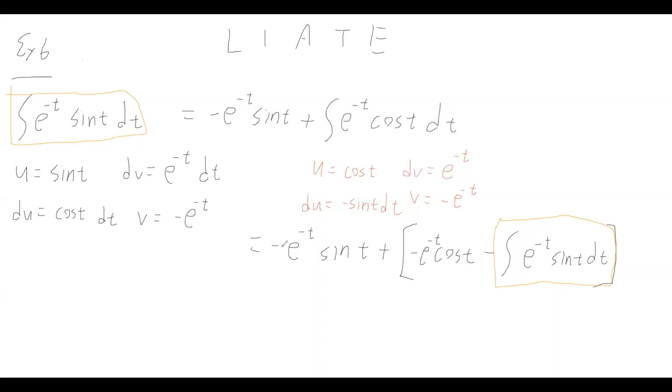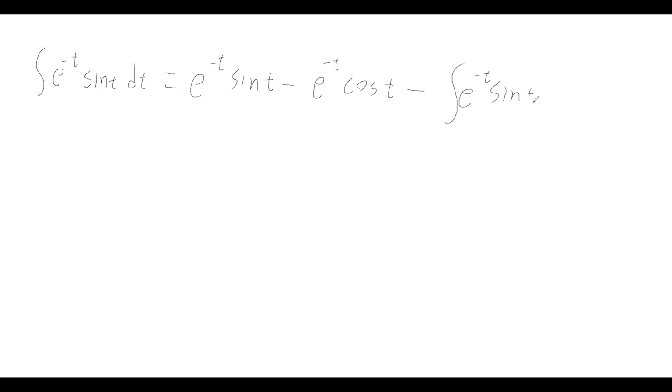All right, let me rewrite the whole thing on the next page. So we started with the integral of e to the negative t sine t dt. And then our last part looks like this, right? E to the negative t sine t minus e to the negative t cosine t minus the integral of e to the negative t sine t dt.